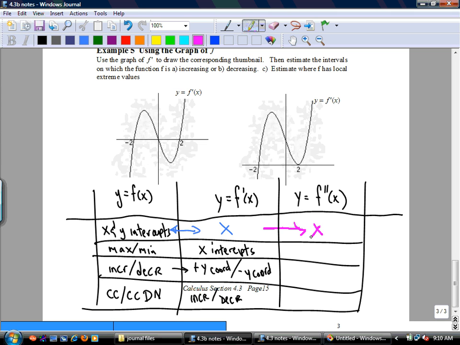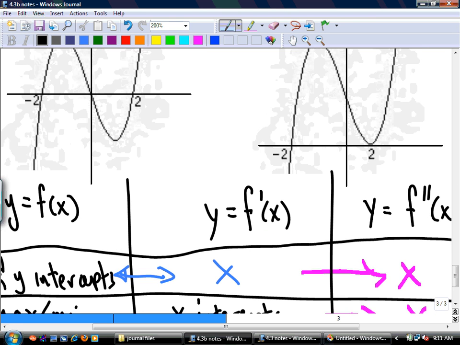Even more information is lost. All you can talk about is positive and negative y coordinates. Everything is lost. There's no characteristics that you can talk about on the original function. It just doesn't do anything for you.